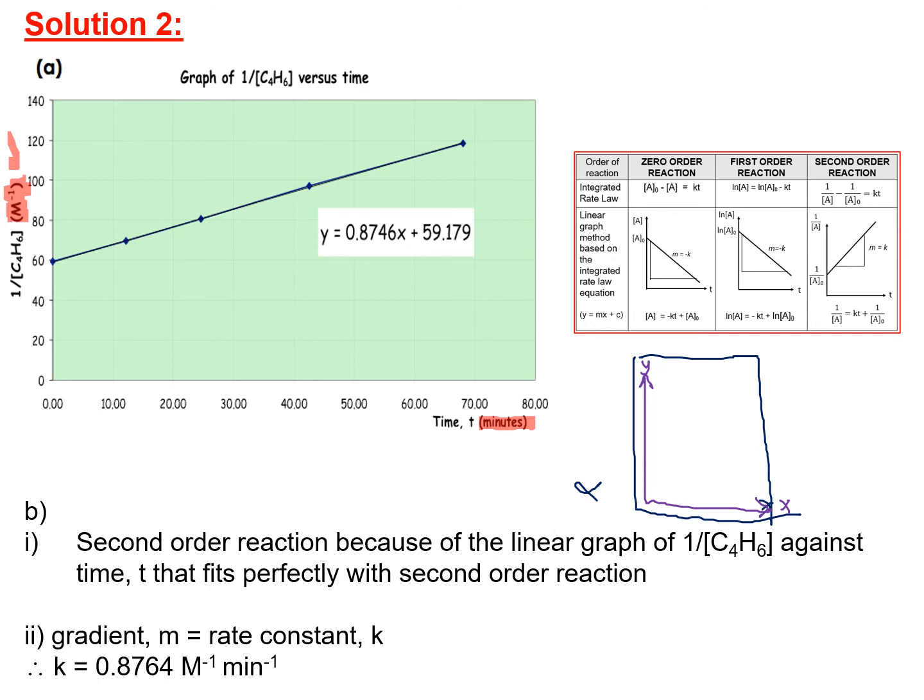The title is important too. The title of the graph in this case is graph of 1 over concentration of reactant C4H6 versus time. So your title should be graph of y-axis versus x-axis.